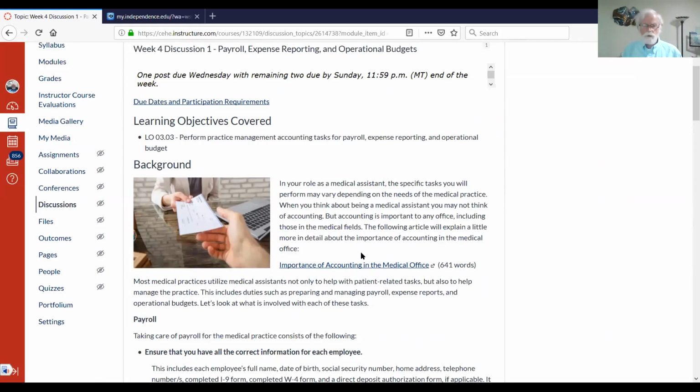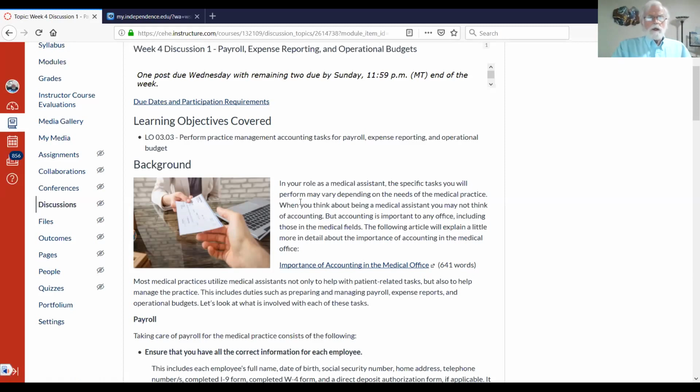I told you last week that operational budgets probably will not be a major part of what you do, for the simple reason that really the budget needs to be set by the practice management. And as a medical assistant, you're not really going to be terribly involved in that.